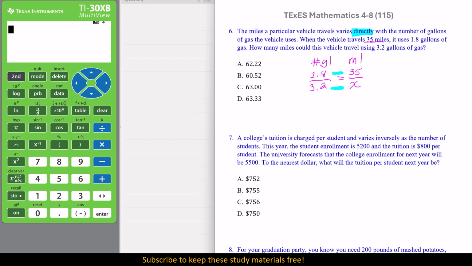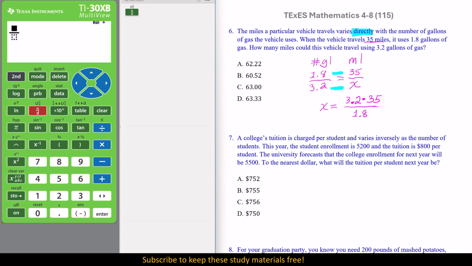All right, now what do I put in the calculator? Well, that's not hard to figure out. x equals 3.2 times the 35 miles all divided by the 1.8.